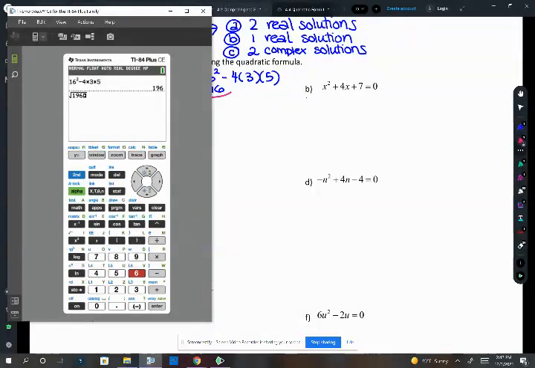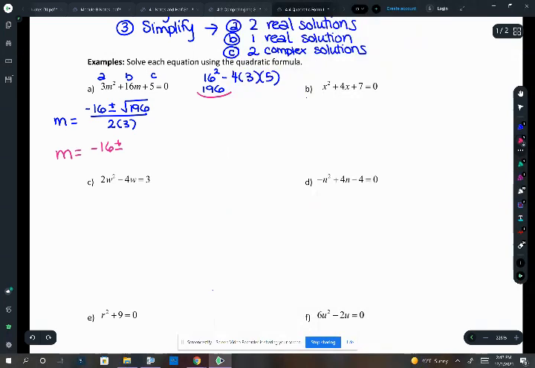If it comes out as a decimal, then I need to either round it based on whatever your teacher is telling you, or try simplifying the radical like we've been doing in previous sections. We get 14, so it comes out nice and clean, and I write plus or minus 14, and then 2 times 3 is 6.